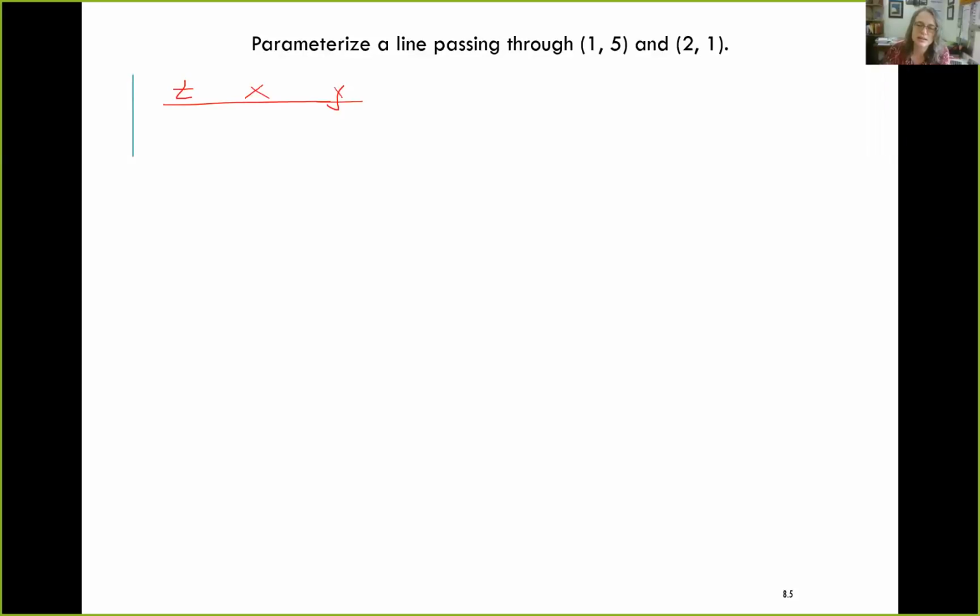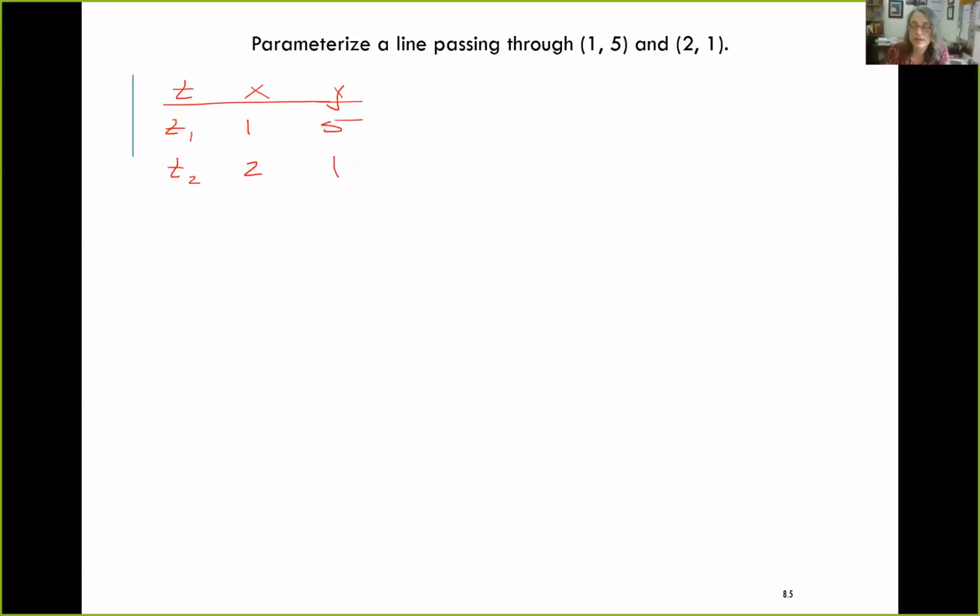And I've got a t1, and x is 1, and y is 5. And I've got a t2, and we could pick any value of t's here that we want. It really doesn't matter. And x is 2, and y is 1.